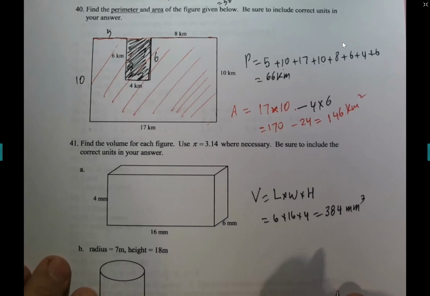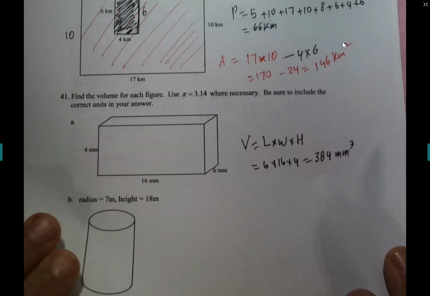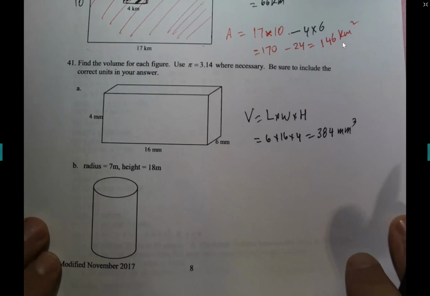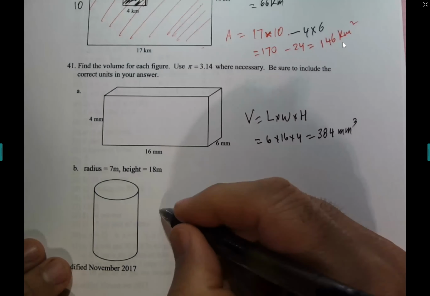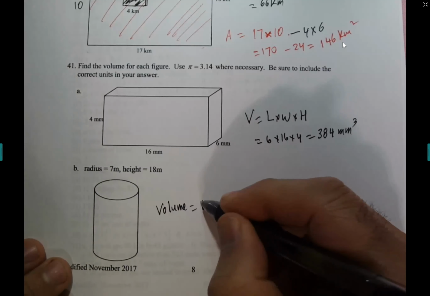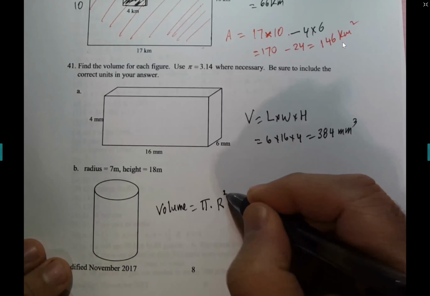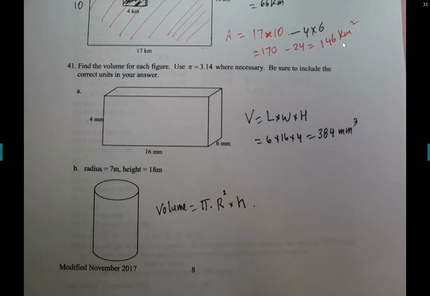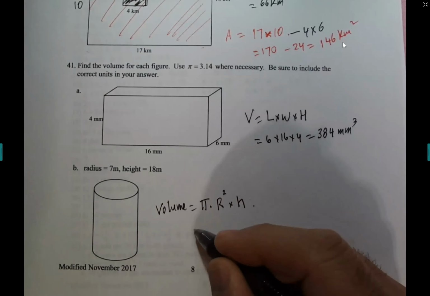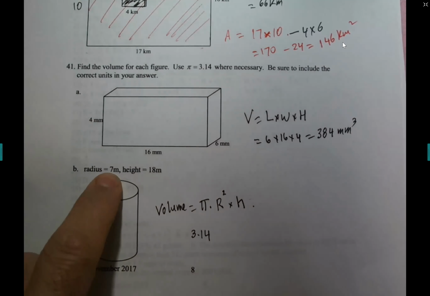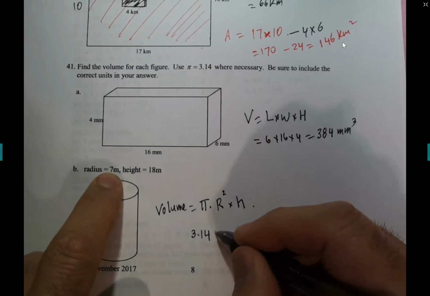And for 41, B, this is a cylinder, guys. The volume of a cylinder is given by this formula. It's pi times radius squared times height. Okay, he says pi is 3.14. And he says the radius is 7, 7 squared.